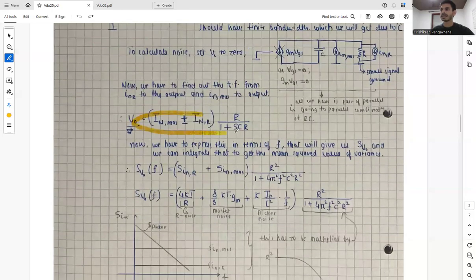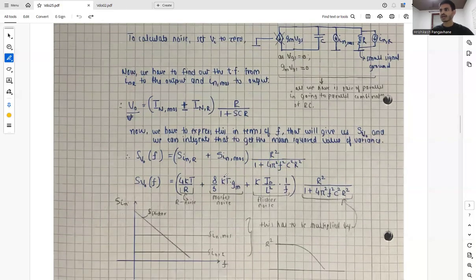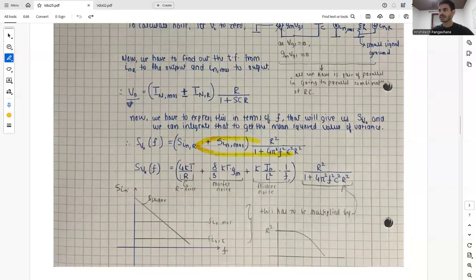So from this equation we have the spectral densities, their addition, and we have everything in magnitude squared, as we know that we have the magnitude squared times the spectral density. So what we have is 4kT by R due to the resistor, 8 by 3 kT gm due to the MOSFET noise, and we also consider some flicker noise times this factor.